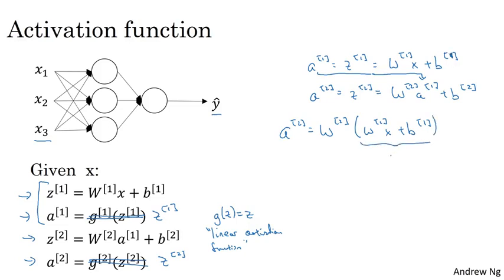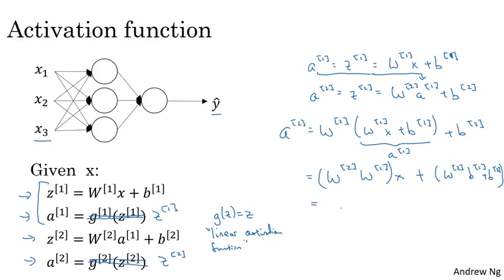So this is a1 plus b2, and so this simplifies to w2 w1x plus w2 b1 plus b2.